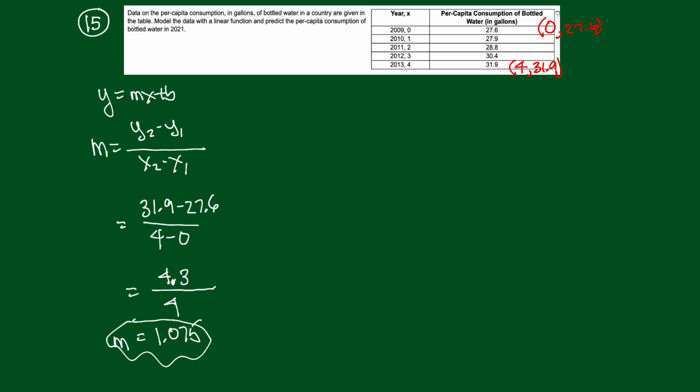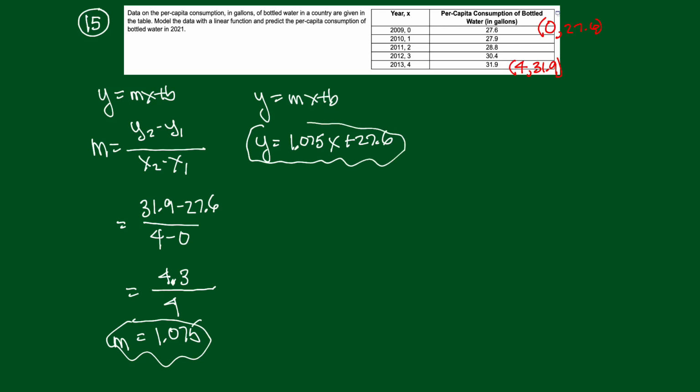So I'm just going to substitute these numbers right into y equals mx plus b. I'm going to get y is equal to m, 1.075x plus b, which is 27.6. All right, now, there is our regression line. This is the regression line.